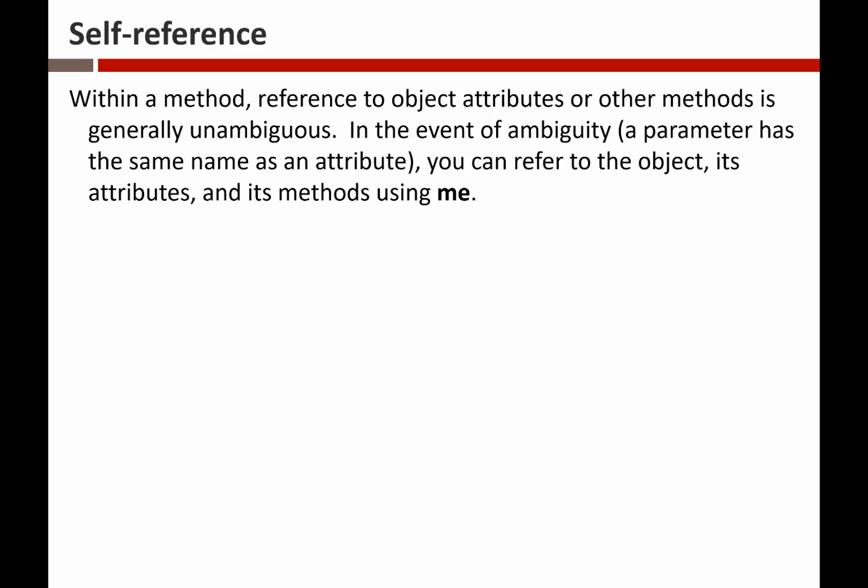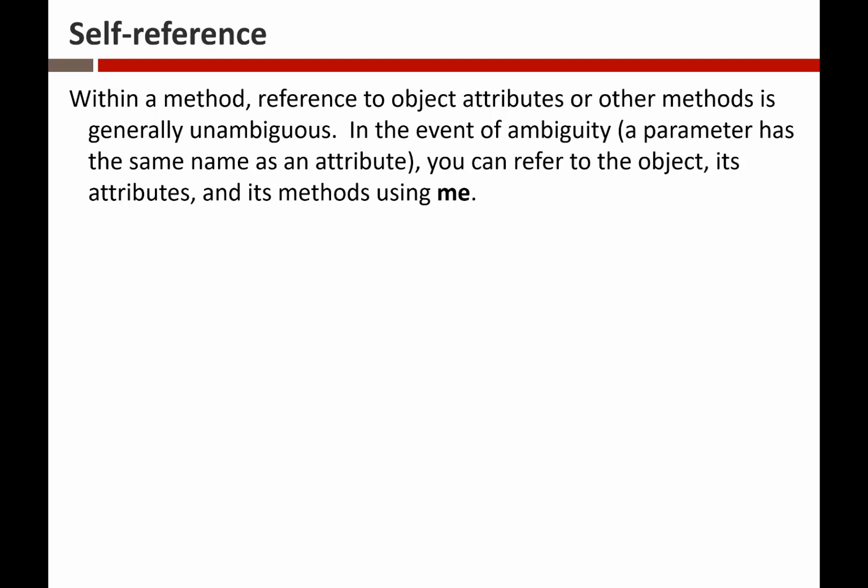But if we ever have an ambiguity, for example, if we have a parameter that has the same name as the attribute, so I have a parameter named age, and I have an attribute named age. So in my method, I use the data object age. Am I referring to the parameter, or am I referring to the attribute? And the way I disambiguate this is with the keyword me.